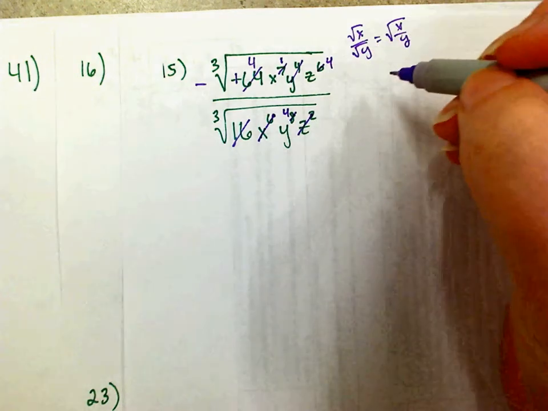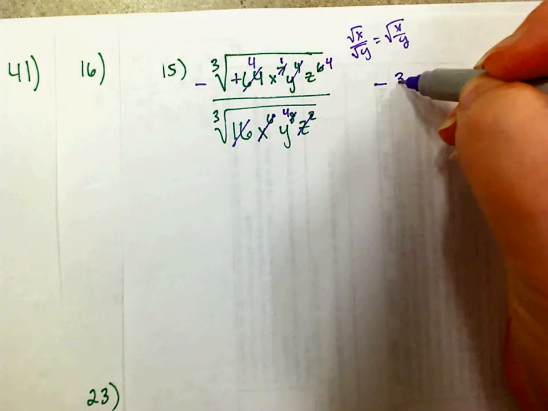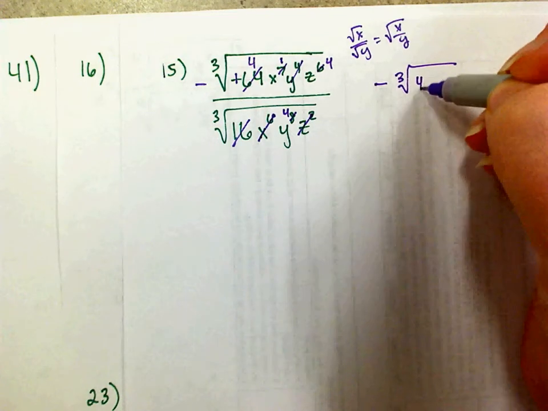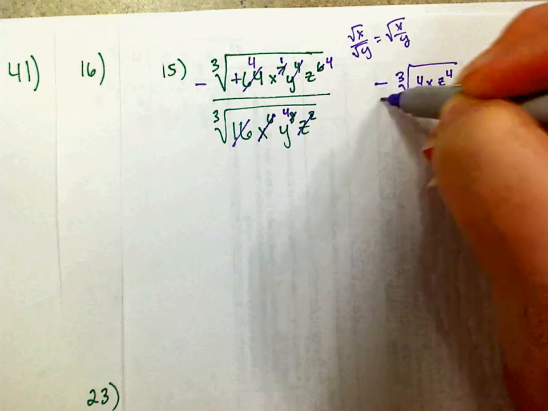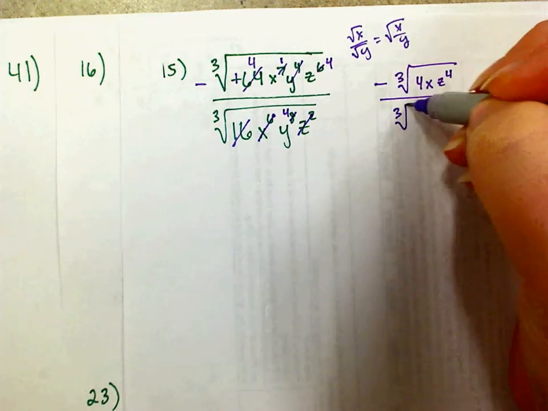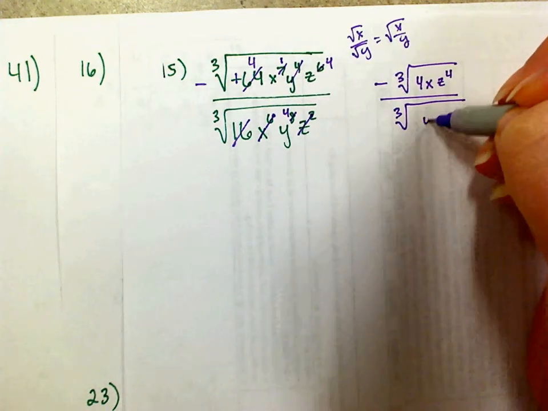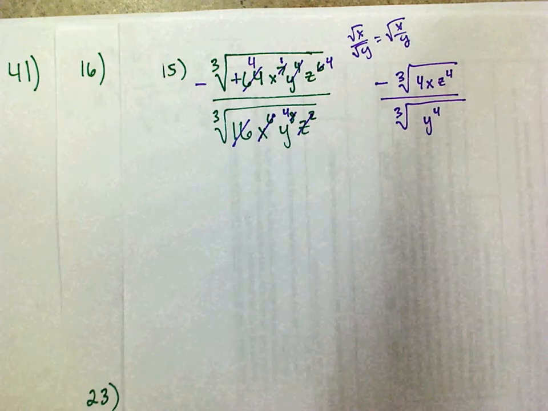So here's what I've got so far. The negative cubed root of 4, x to the first, no y's, and z to the fourth. And then I've got the cubed root of y to the fourth, and that's it in the denominator.